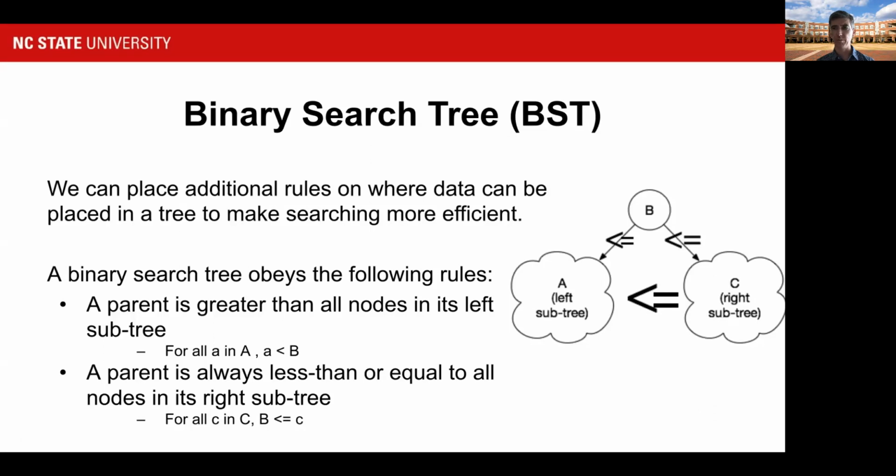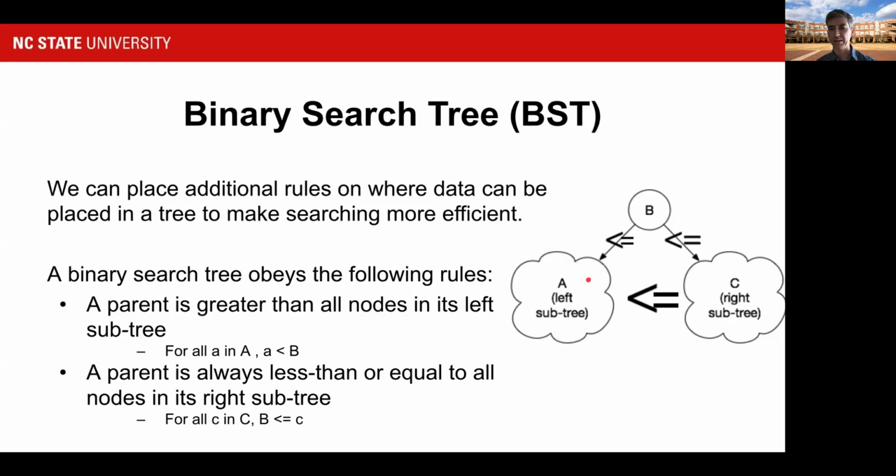And the rule we're going to enforce, and at first we'll just consider this for integers, though we could generalize it to anything with a sortable key. But let's just pretend we're dealing with integers for now. So the general rule is that when we place something in our tree, it has to obey a less than or equal relationship between the parent, the left child, and the right child.